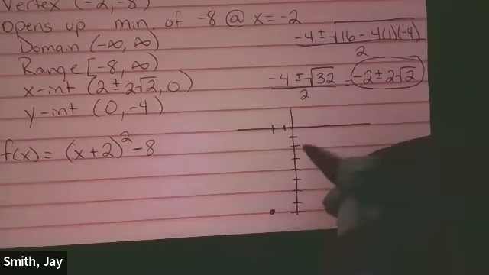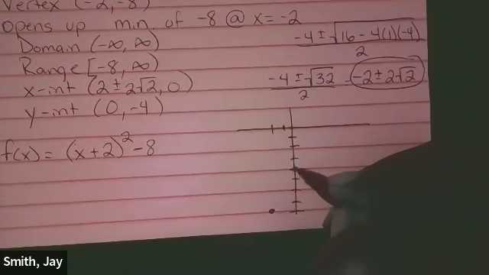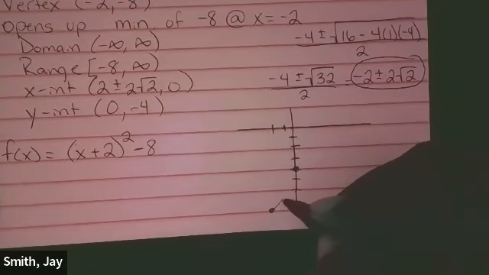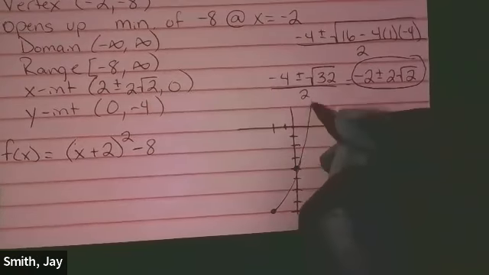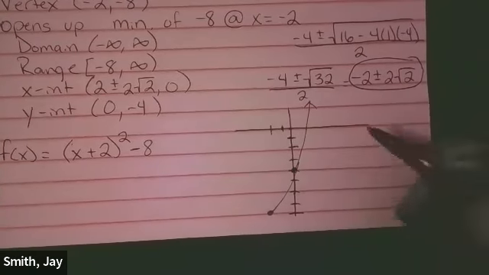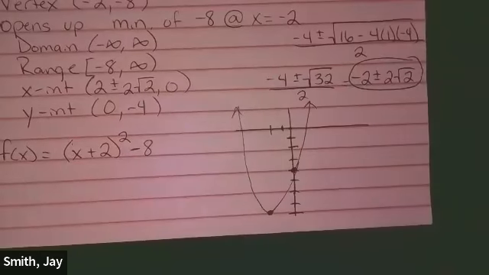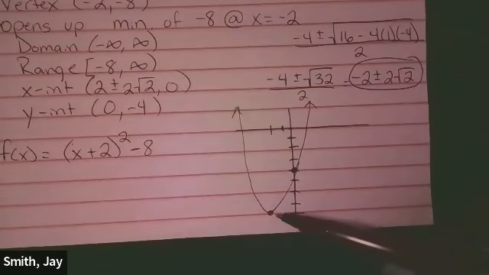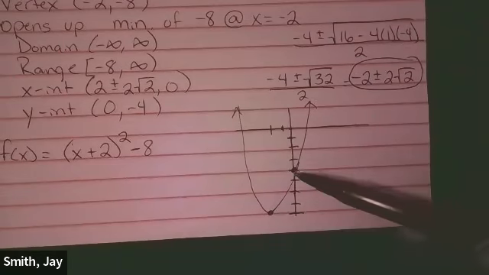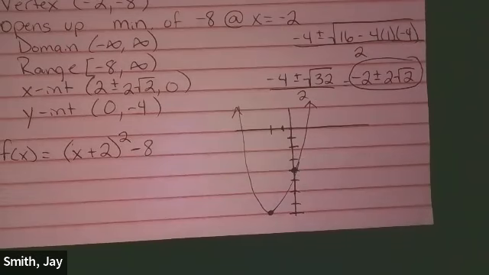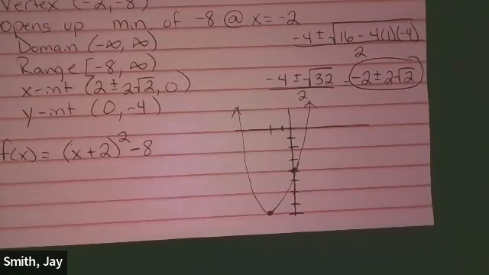We also know our y-intercept at negative 4. Our x-intercepts aren't exact, so we're not going to land in between two values. But keep in mind, if we really want to know where those x-intercepts land on the graph, we can always just sketch the graph using our graphing calculator. So our vertex, put up here, negative 2, negative 8, y-intercept 0, negative 4, and the parabola opens up, and we're showing that we have a minimum value.